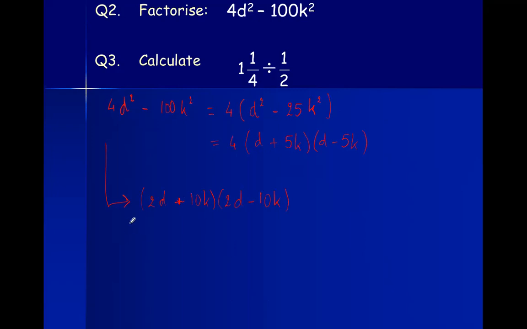But that is not finished because you've got 2 and 10, so you need to get 2 out here. d plus 5k, and that is again times 2d minus 5k. And this time you will get your 2 times 2, which is 4, and you should end up with the same answer for both this method or the other method.